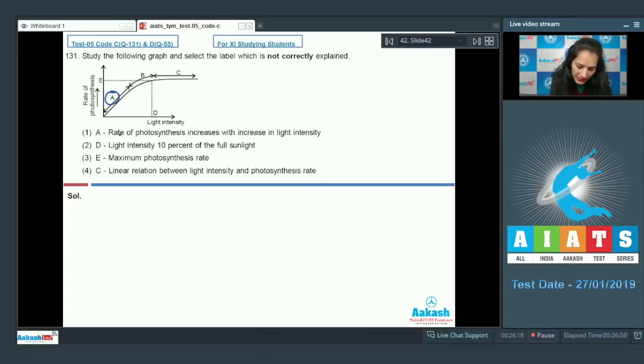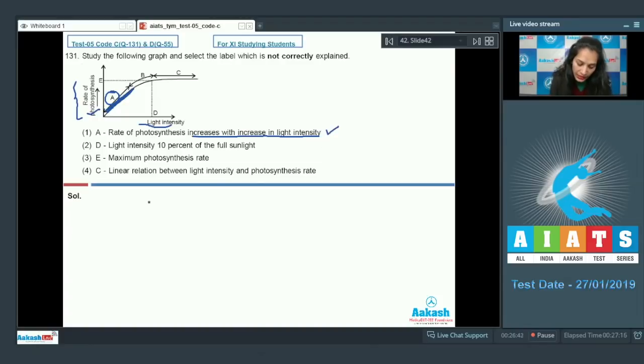See here, A is rate of photosynthesis increases with increase in light intensity. You can see here that this shows the linear graph. It means this graph which is shown between the rate of photosynthesis and the light intensity is showing the linear relationship. So when there is increase in the light intensity, there will be increase in the rate of photosynthesis too.